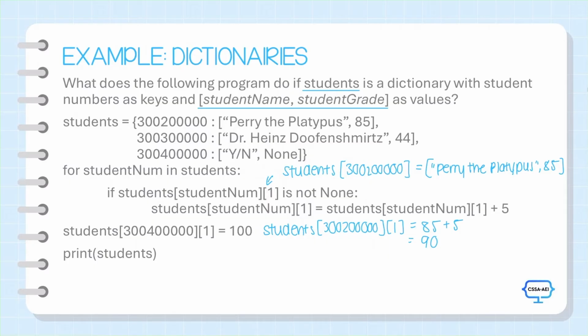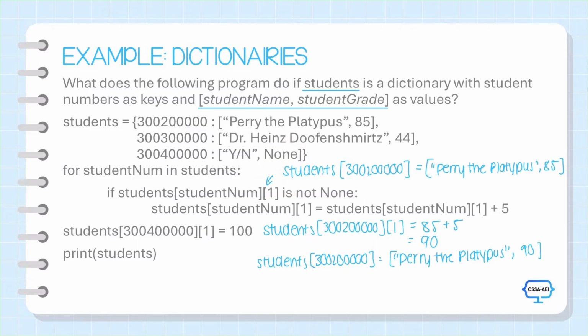Okay? So then the next time that you ask for Perry the platypus, you're going to get his name again, and now he's going to have a 90. Okay? So this here is boosting everyone's grade by 5%.